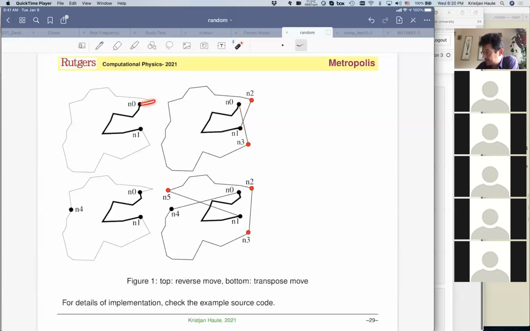You remove this and you remove that, and you add this and you add that. So you can maintain everything you haven't changed. That makes sense. So the important point is that indeed the updates need to be simple enough. If you had to recompute the entire distance every time, that would be slow. It's not a good idea.